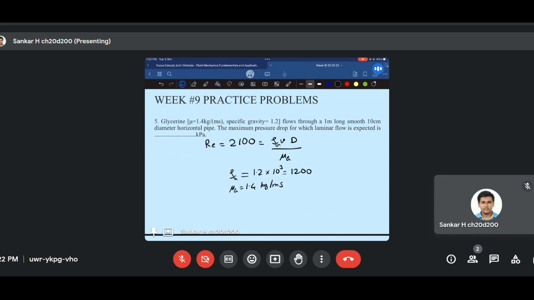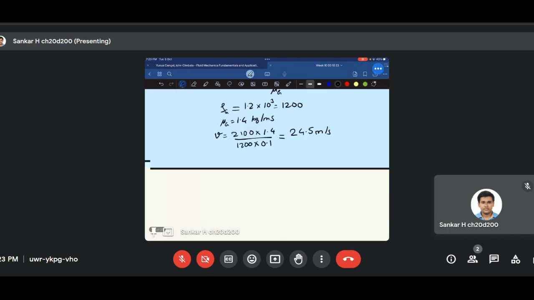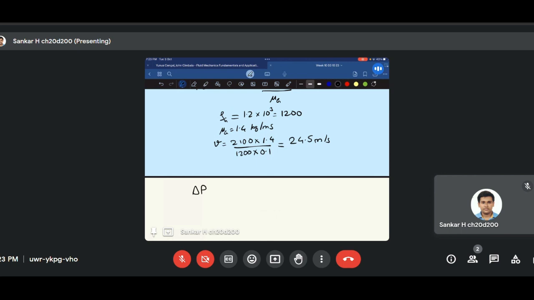Here we have to find V, therefore it is 2100 times 1.4 divided by 1200 times 0.1, which will be 24.5 meters per second. Can confirm this calculation afterwards. And we just need to substitute this in the Hagen-Poiseuille equation given by delta P is equal to 32 times mu V L by d square.